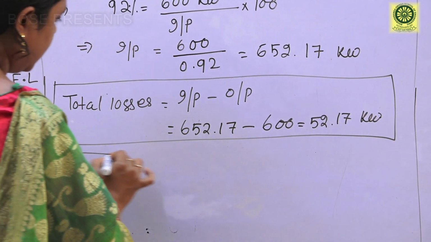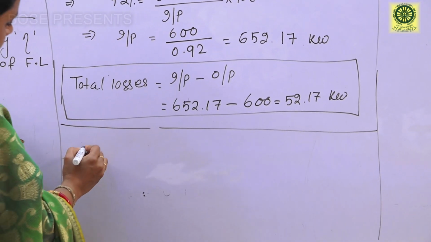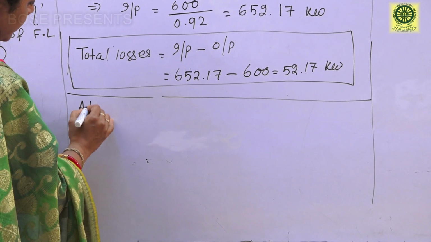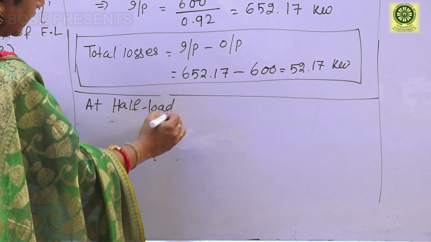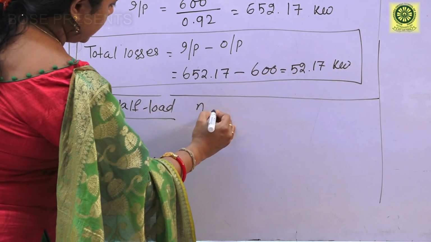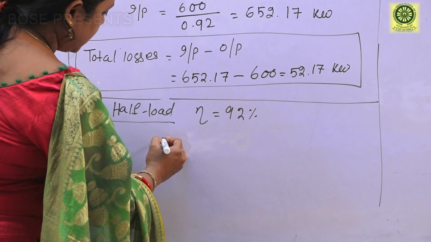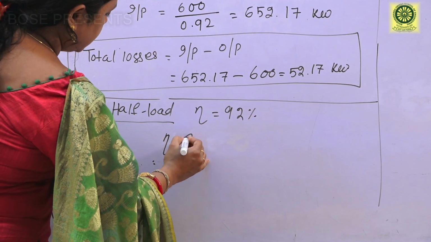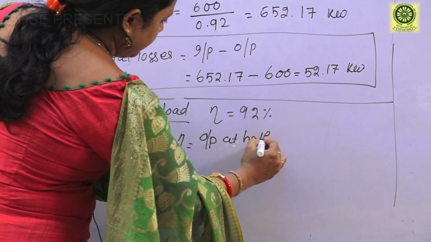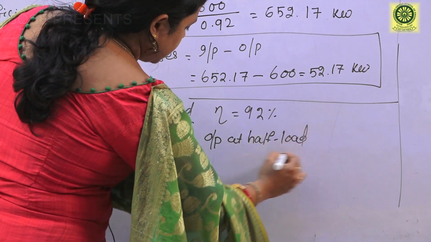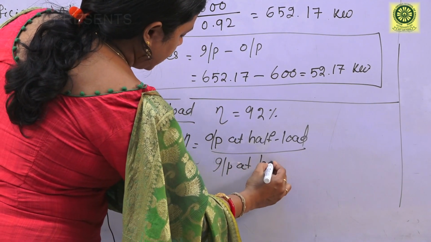Now find the total losses for half load. Similarly, at half load, it is given that efficiency is 92%, and efficiency is output at half load divided by input at half load.